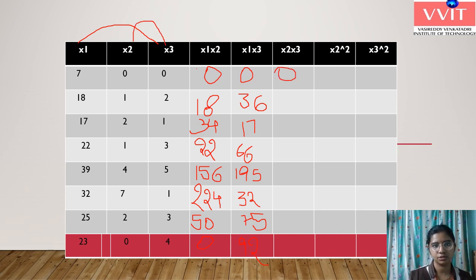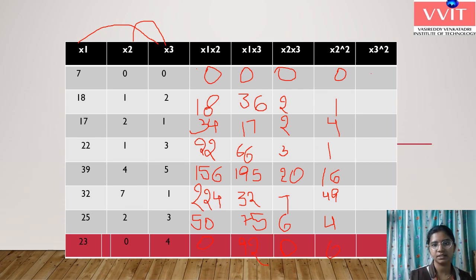And x2 x3 means this one. So 0 into 0 is 0, 2, again 2, 3, 20, 7, 6 and 0. Here x2 square means 0 square is 0, 1 square is 1, 2 square 4, 1, 16, 7 square 49, 2 square again 4 and 0.